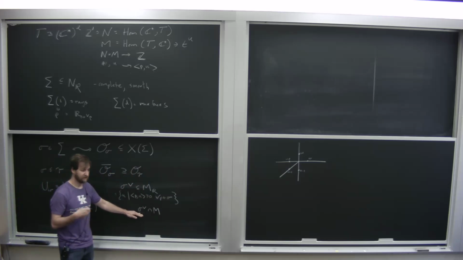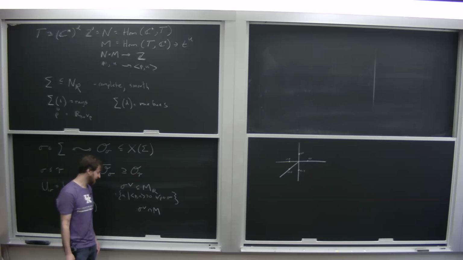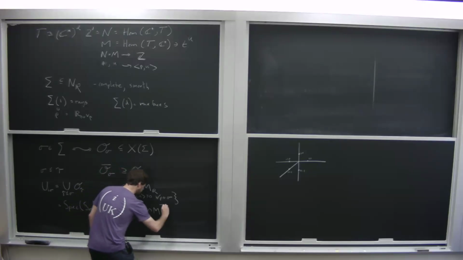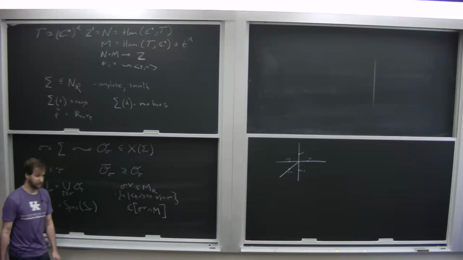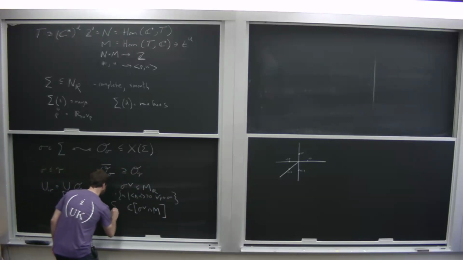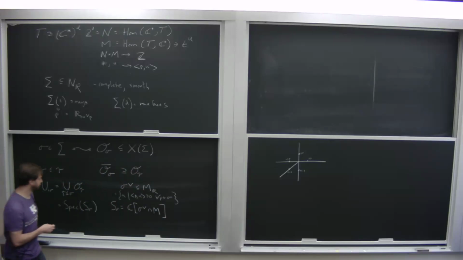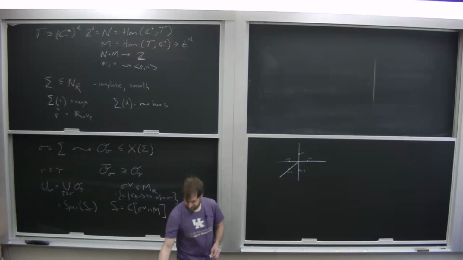In fact, a cosimplicial polyhedral cone because of the way we set things up. By various results, like Gordan's lemma, there is a Hilbert basis of this. It's finitely generated. And so we can form this affine semigroup algebra, and that's what I mean by S sigma. All right. So this is the affine cover.